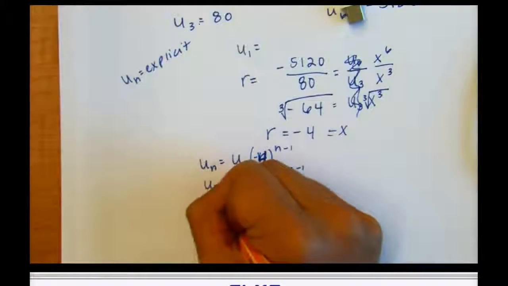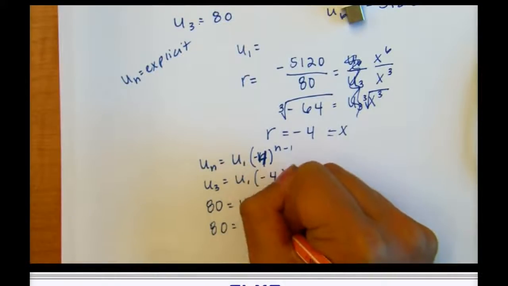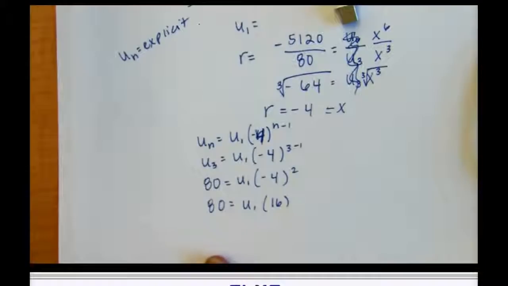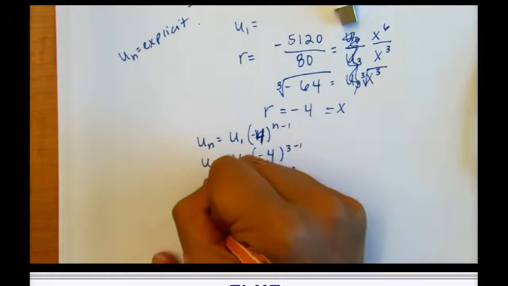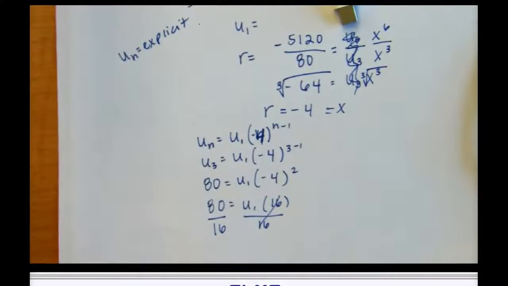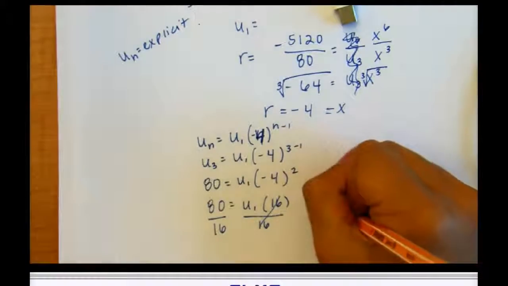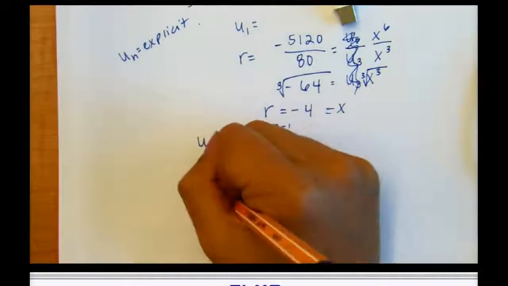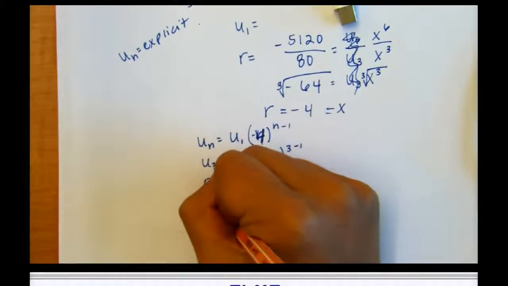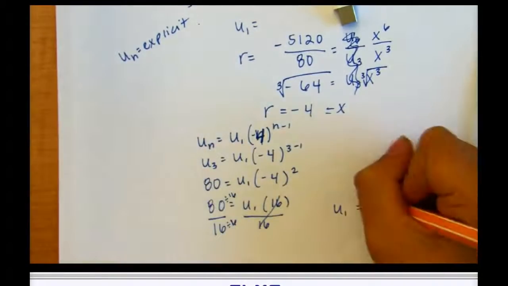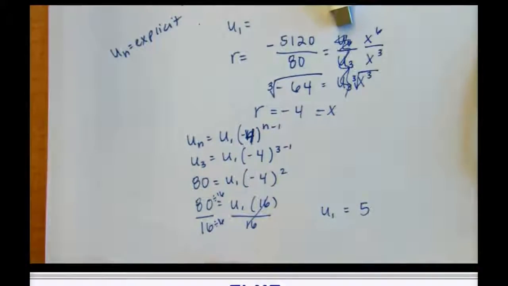So 80 is equal to u sub 1 times a positive 16. I'm going to divide by 16. You can plug that into your calculator. I know that 16 goes into both. So if I divide by 16, divide by 16, I'm going to end up with u sub 1 is equal to 5.